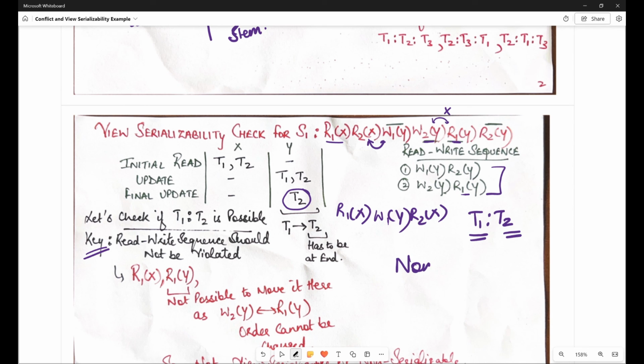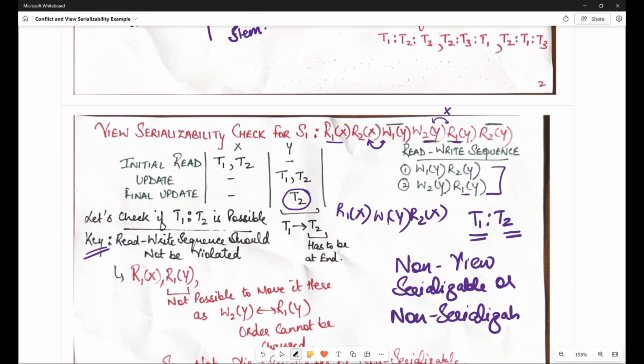The schedule is non-view serializable, or the schedule is non-serializable, right? From the graph, we had explained that if a schedule is non-view serializable, then it is also non-serializable. We have nothing else to check. It is non-view serializable. That means it is not possible to have a serial order corresponding to it.